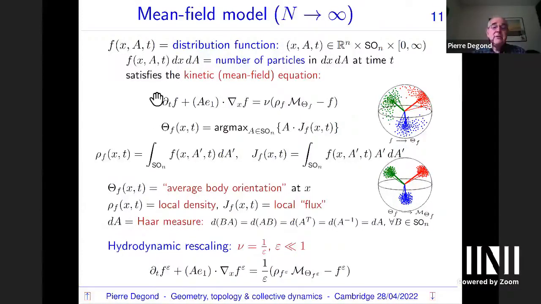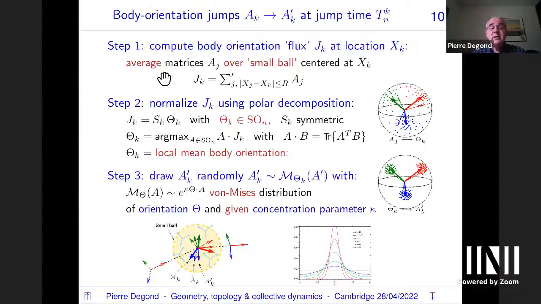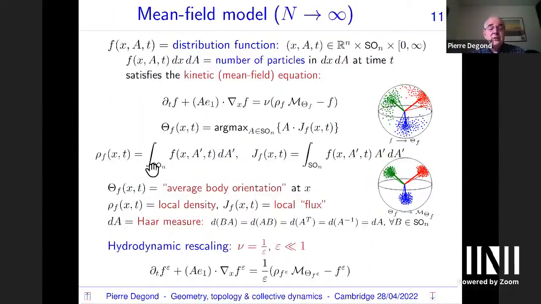If you take the direct mean field limit of this model, you would have a double integral here, and the other integral would be an integral in space over a small ball centered at x with radius R. But actually, when doing the hydrodynamic rescaling, one possibility, I'm not saying that you should do that always, but what we've done is to tie R to epsilon, to say that R is of order epsilon.